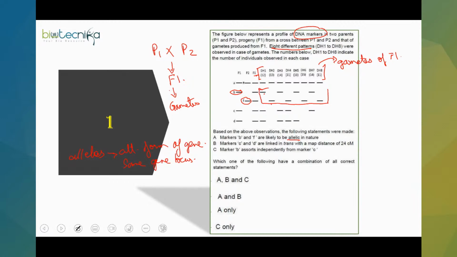It's not there, right? Either one of them it is having, but only one, not both.